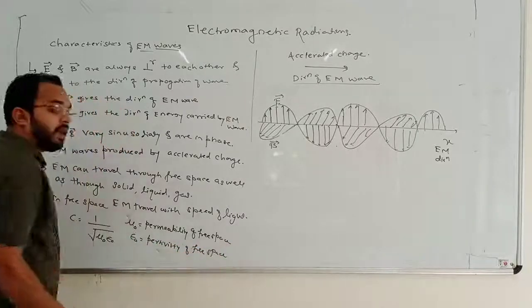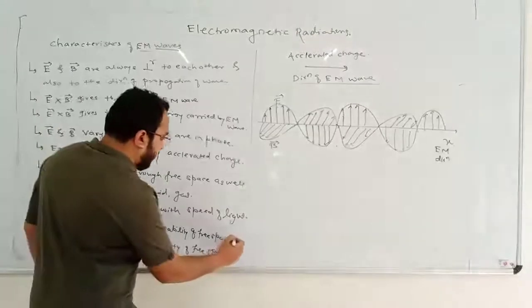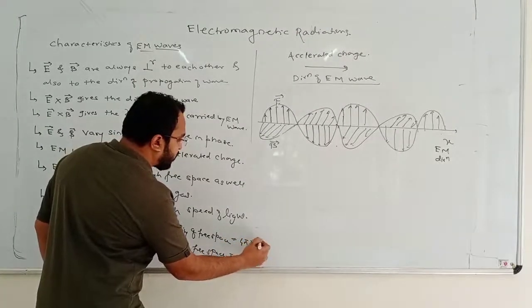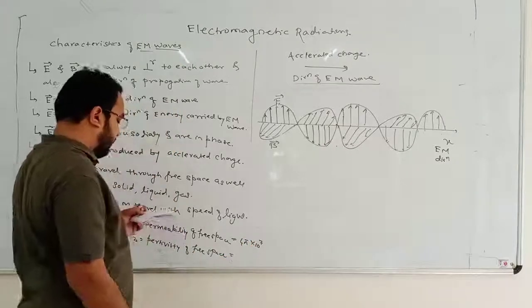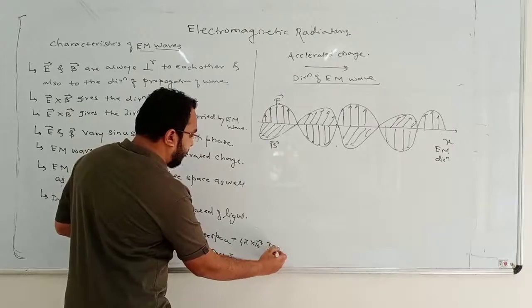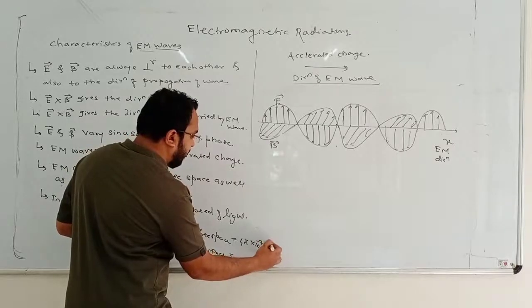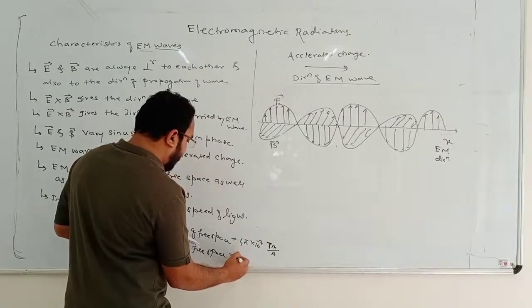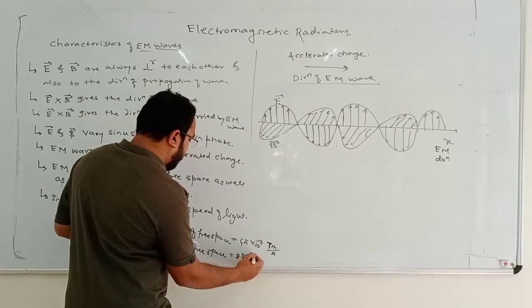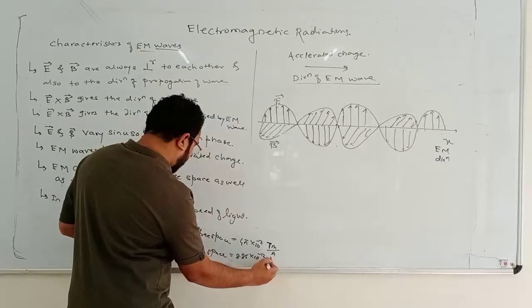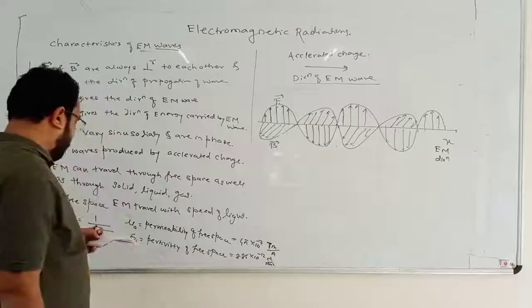Free space is nothing but a vacuum. The value of mu naught is 4 pi into 10 raised to power minus 7 Tesla meter per ampere. The value of epsilon naught is 8.85 into 10 raised to power minus 12 Coulomb square per Newton meter square.